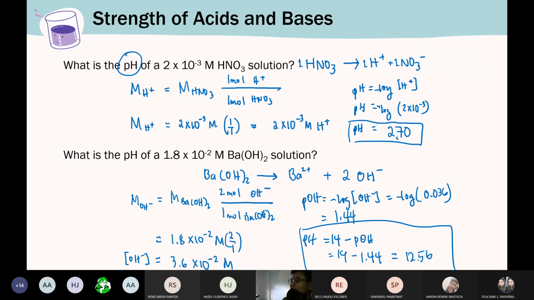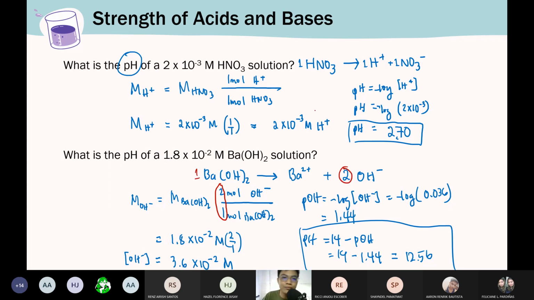Sir, do we disregard the coefficient of this formula or same po siya sa equilibrium? Hindi mo siya i-disregard. You have to consider it. That's why we did this, because dito yung galing.